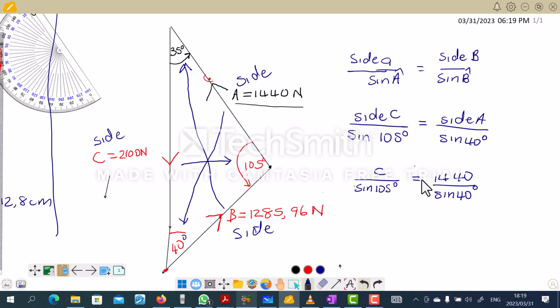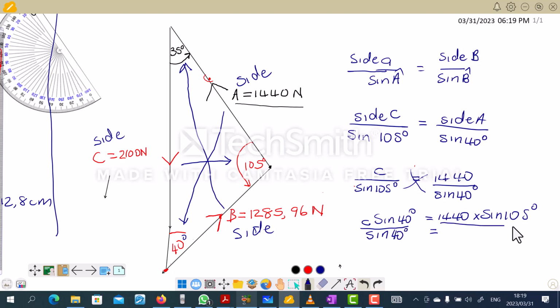These are two fractions. Then what do we do? We cross multiply. So C times sine 40 is C sine 40 degrees equals 1440 multiplied by sine 105 degrees. Now I can multiply these two to get this value and divide by this side. So we're going to divide by what we don't want, which is sine 40.